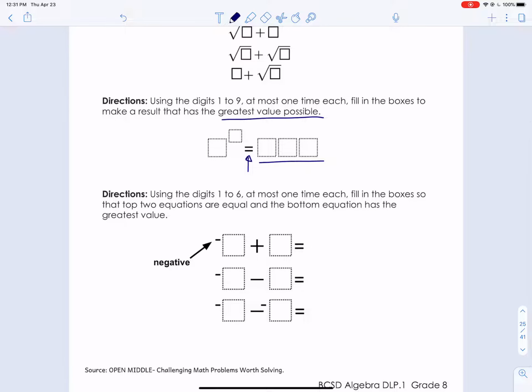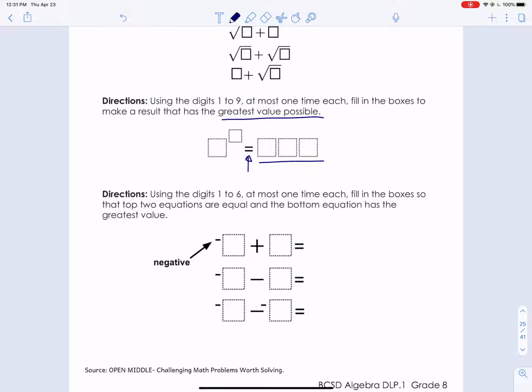Okay, the next one, this is a negative number, so it's up high. It kind of seems like an exponent, but it's not. It's just a negative number. And then the top two equations are equal, and the bottom has the greatest value.